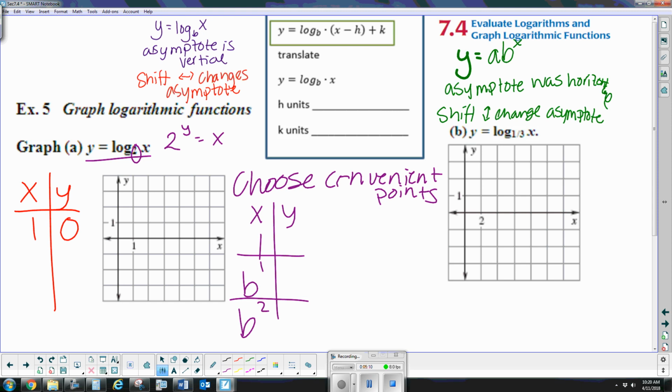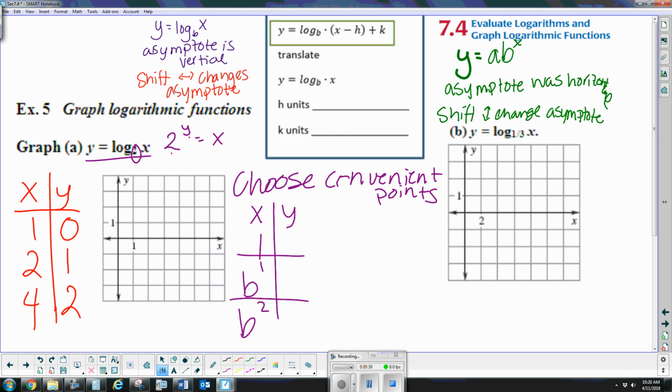We're going to choose our base, which is b, 2. And we're going to look at 2 to the what power is equal to 2. 2 to the first power is 2. And then we'll choose our base squared, which is 4. So 2 to the what power is equal to 4. 2 to the second power is equal to 4. Okay, and then we'll graph those points.